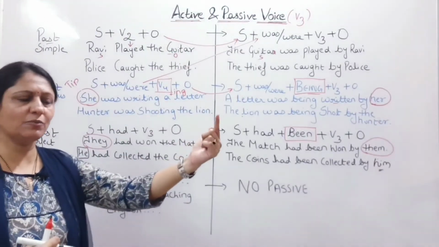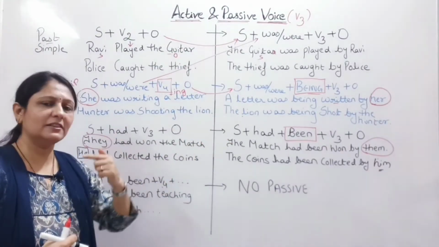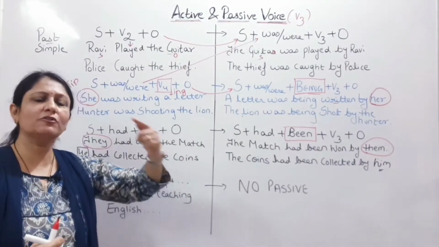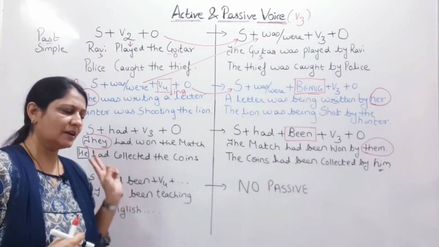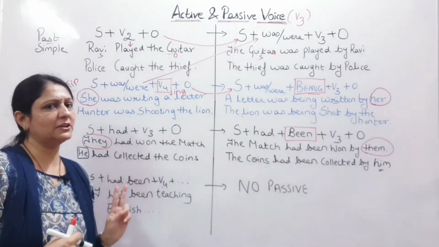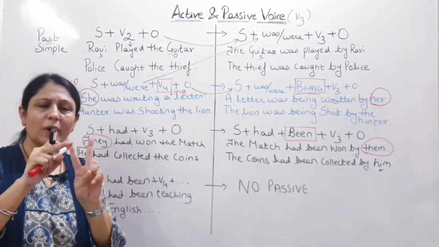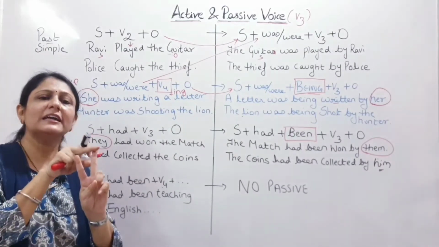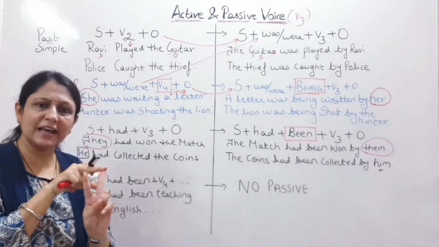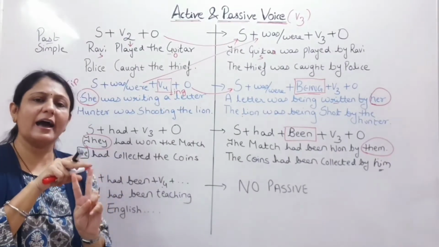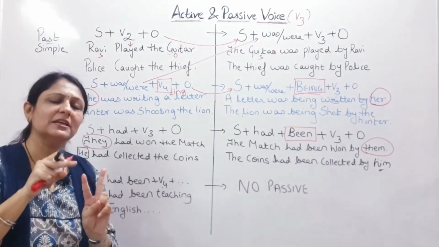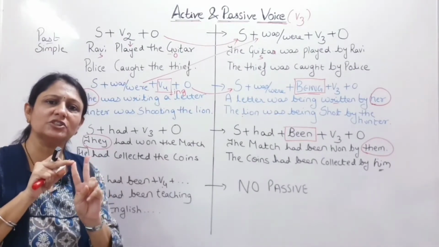The other action was calling by the friend and the previous action was the action of teaching being done by me. As I told you in my past class that past perfect continuous is used for two actions. One action in continuation till the second happens. The second action automatically works as the time for the first action, and when the second action happens, the continuation of the first action stops.